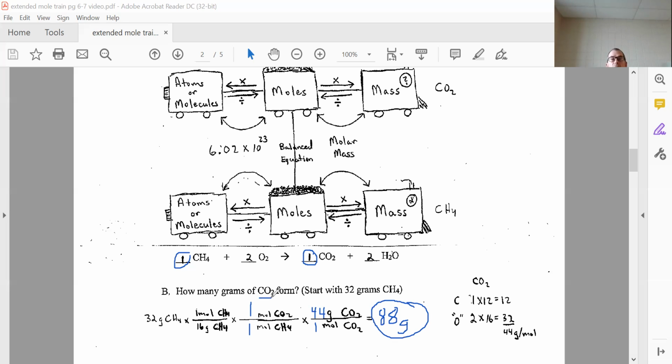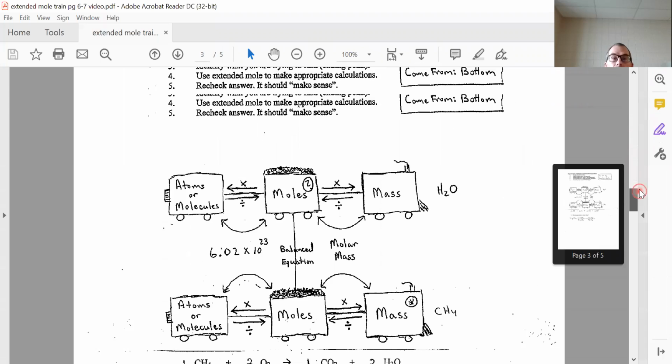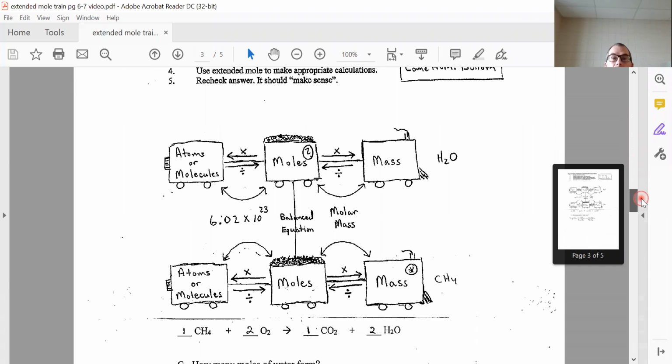Okay, let's do one more from this page, and I'm going to clear that one out. These are all kind of lined up one after another. So let's look at this, and got its own new mole train for this part.